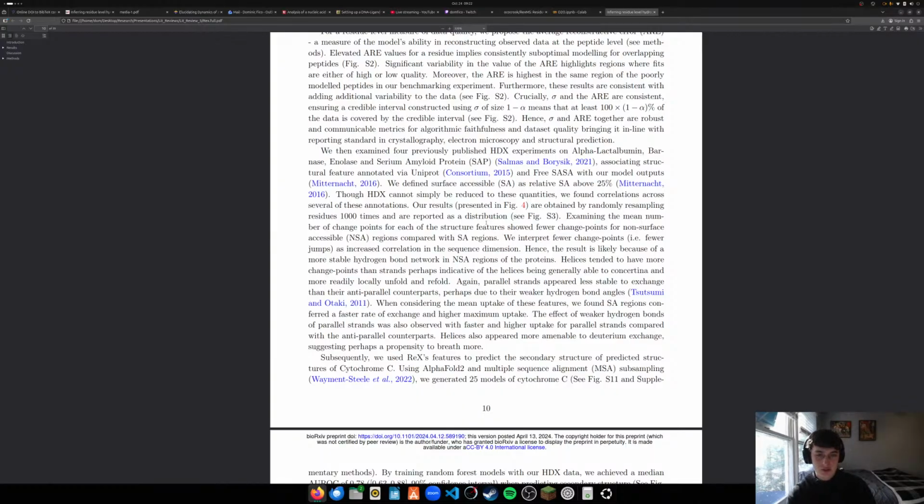Examining the mean number of change points for each of the structure features. Hence, the result is likely because of more stable hydrogen bond network. Helices tend to have more change points than strands, perhaps indicative of helices being generally able to concertina.